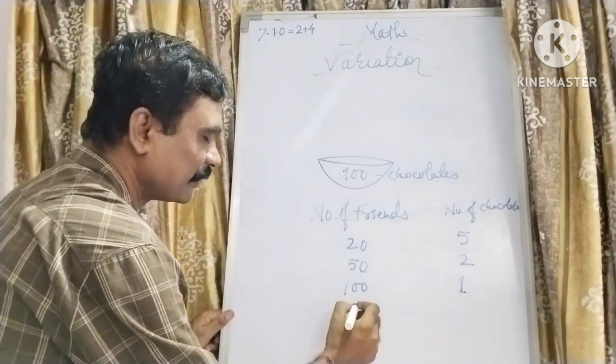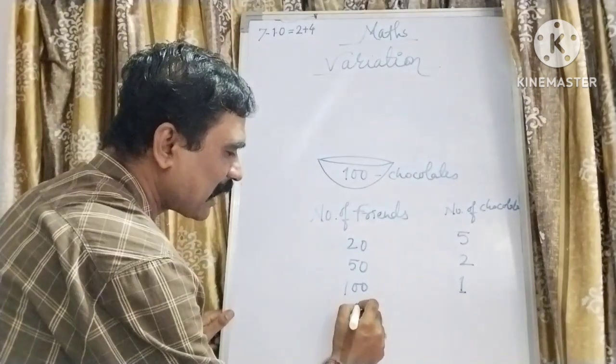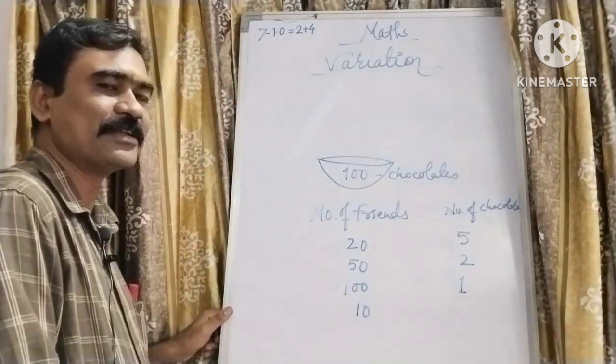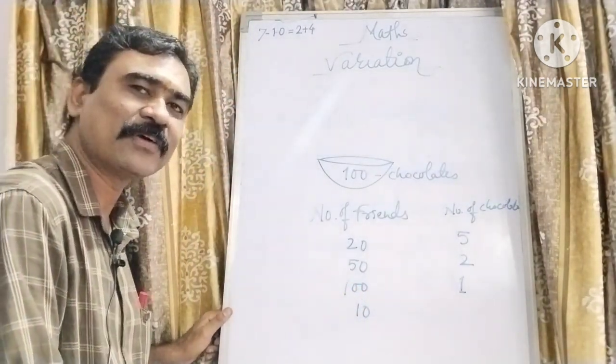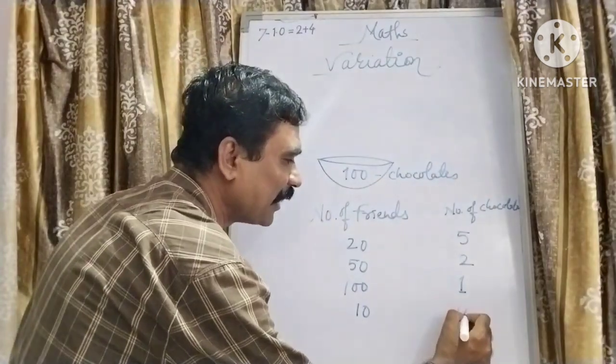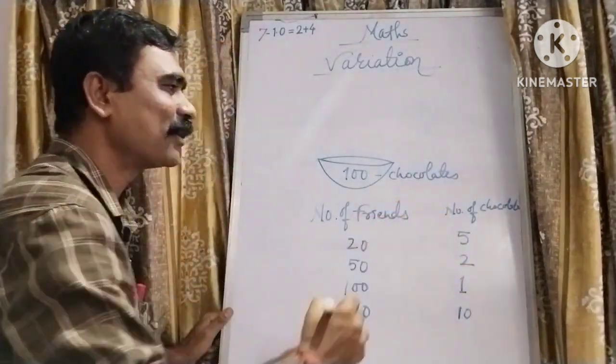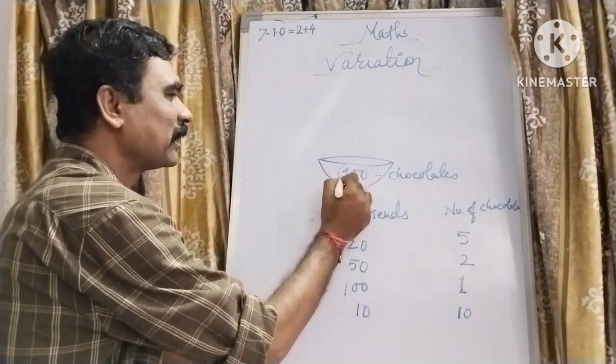If the number of friends is 10, then each friend will get 10 chocolates, because total chocolates are 100.